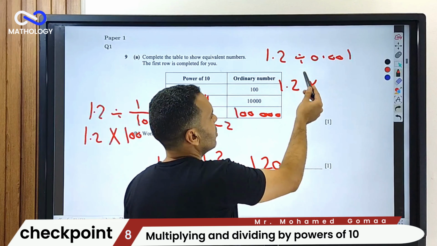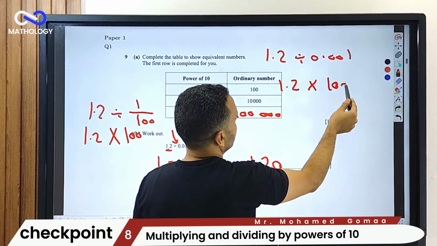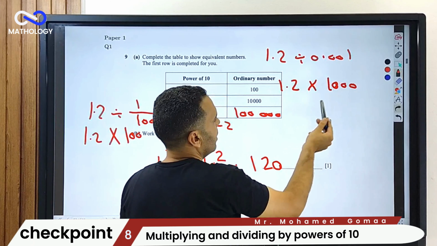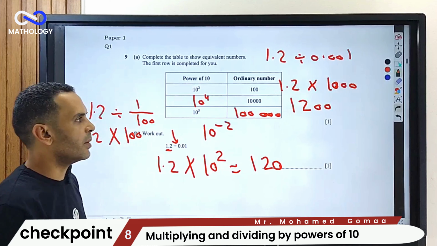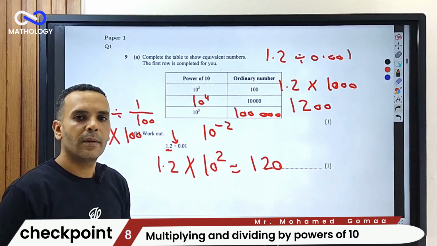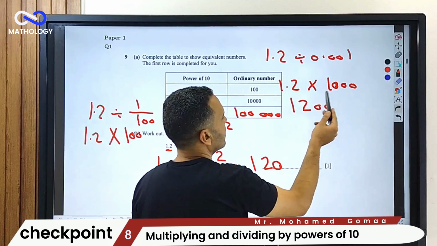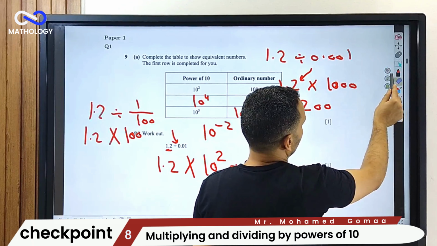Make the division operation multiplication and flip 1 over 1000 to 1000 over 1. It will be 1200. I put two zeros instead of the two missing places. We want three places and we have one place, so I put two zeros.